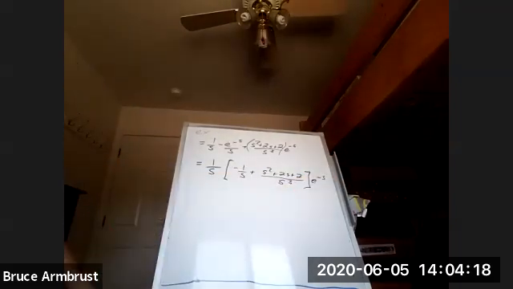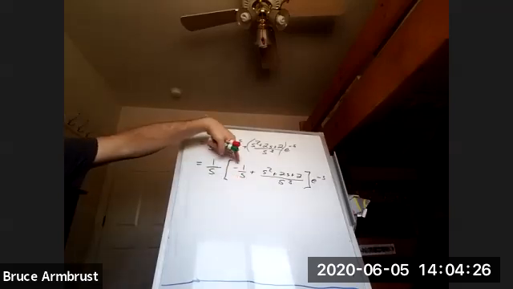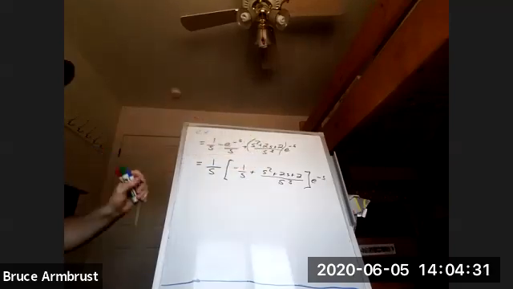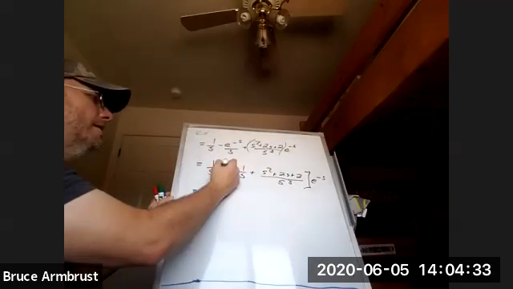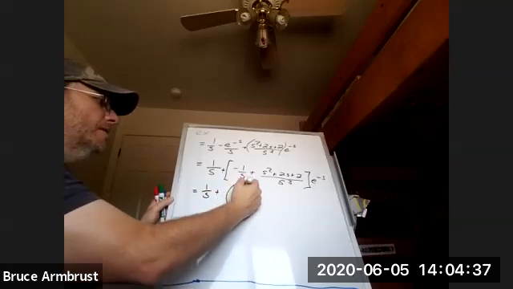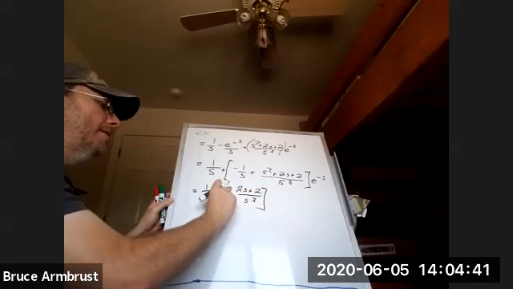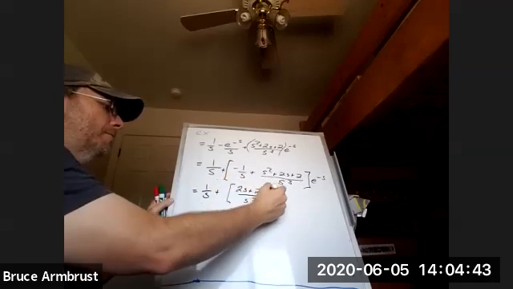Okay, so if I factor out the e to the minus s, and then of course I can go ahead and combine these two, but notice the minus 1 over s is the same as minus s squared over s cubed. So those would go away. So we're left with 1 over s plus 2s plus 2 over s cubed times e to the minus s.